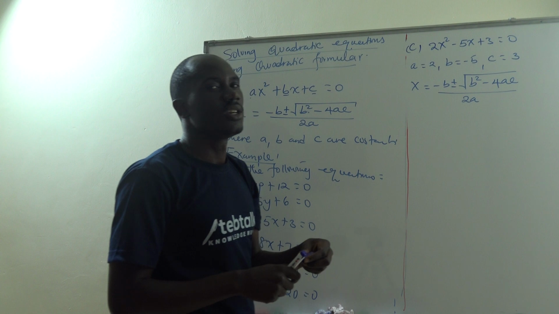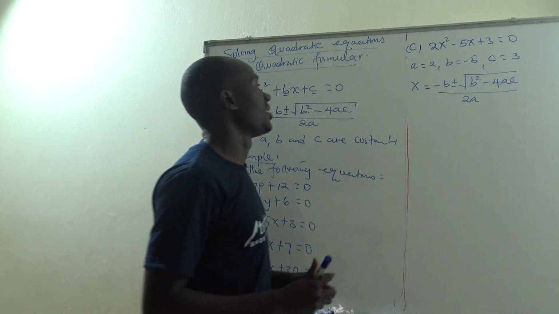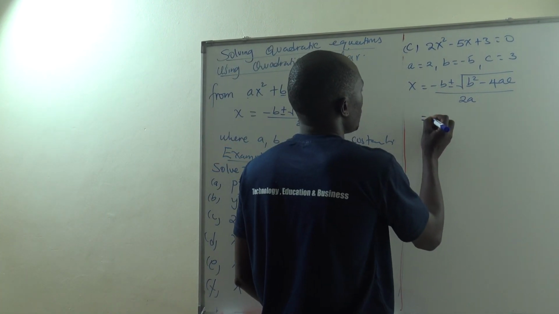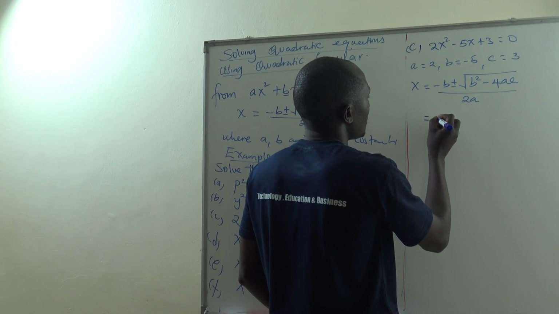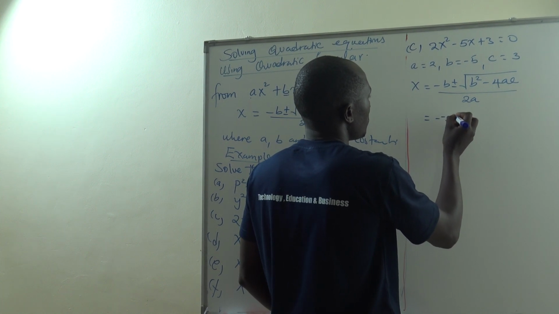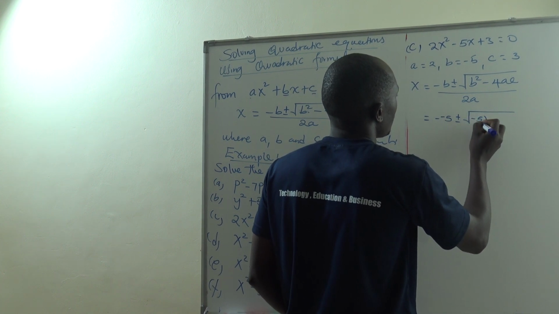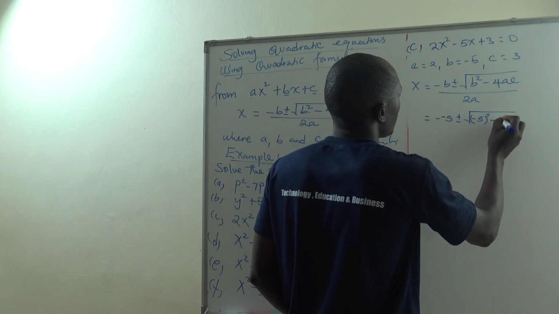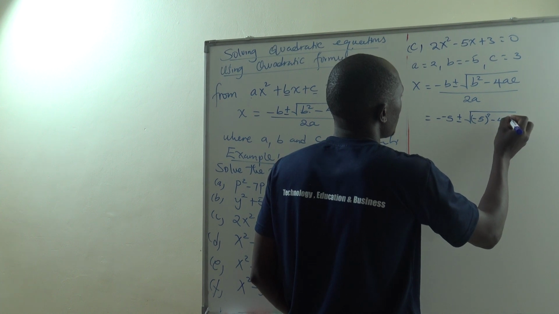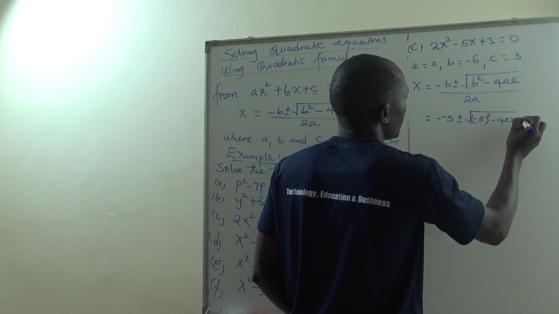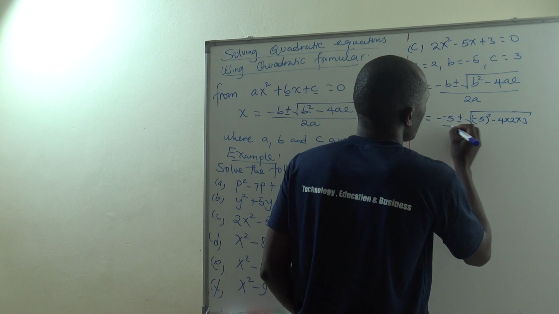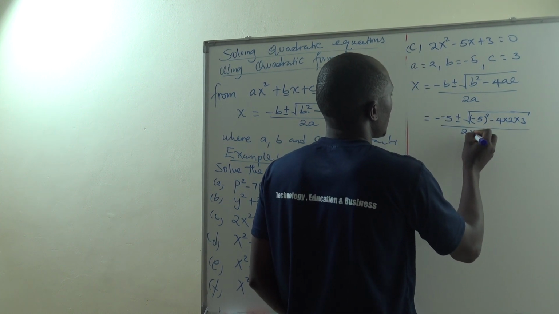Then we are free to substitute correctly. So this becomes, what is our b? -5 plus or minus root of -5 squared minus 4 times 2, which is our a, times 3, but under the root, all over 2 times 2.